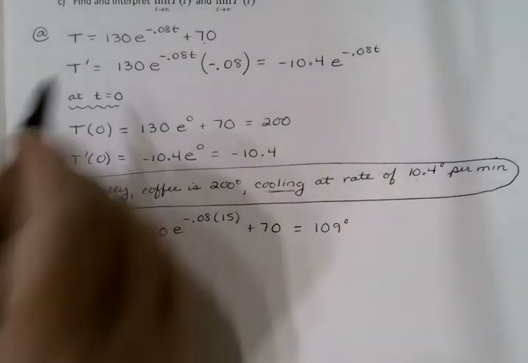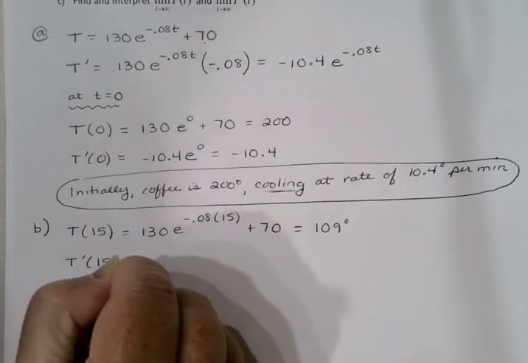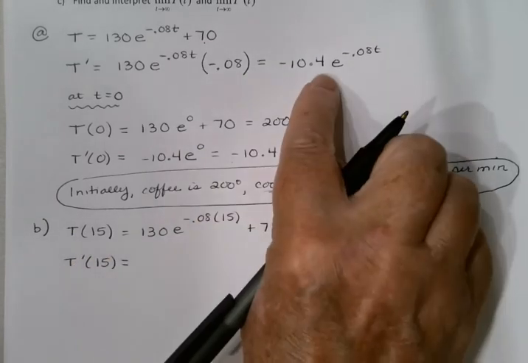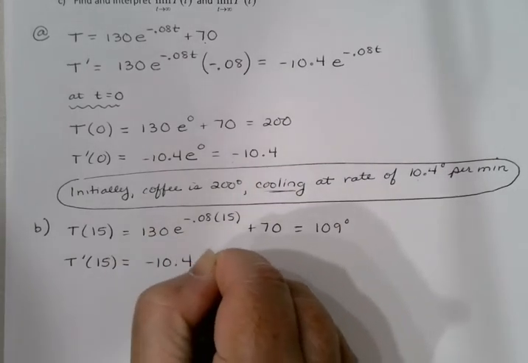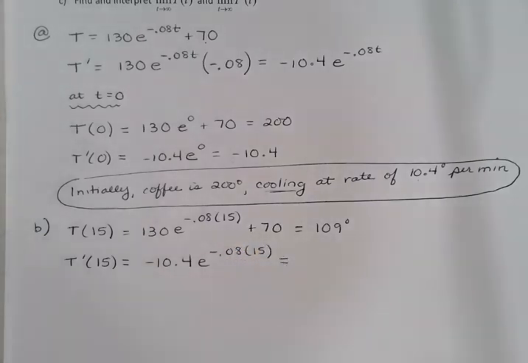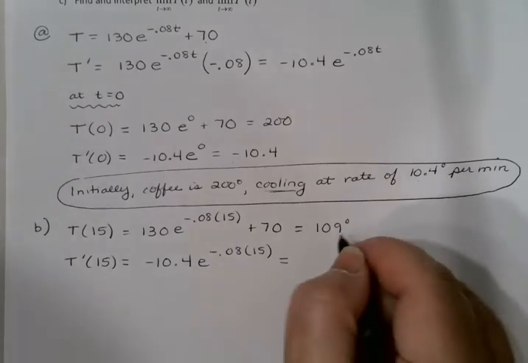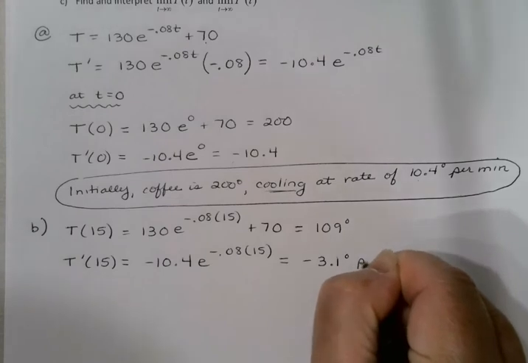As far as the rate of change of the temperature, or how fast we're cooling at that time, if I plug 15 into the derivative, I am going to get negative 3.1 degrees per minute.